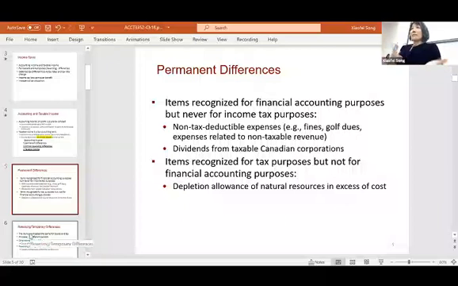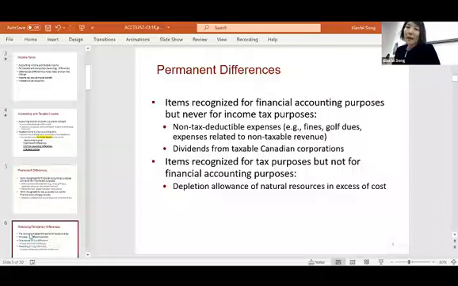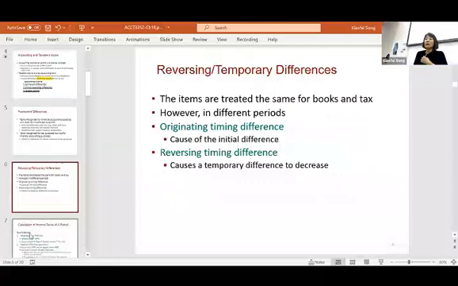You prepare the accounting income, follow the accounting rules, and then any differences, you just adjust. If this one is not taxable, remove it. That's it. And the temporary difference is called the reversing difference.